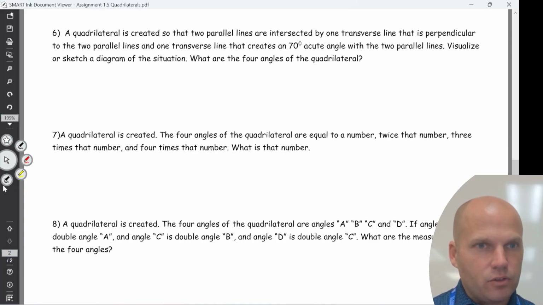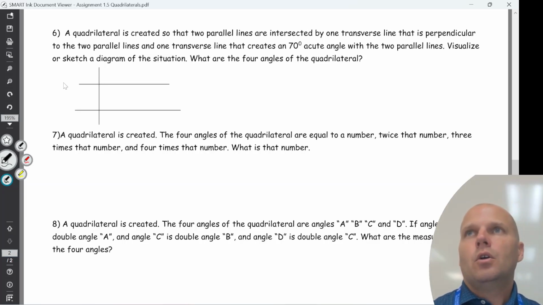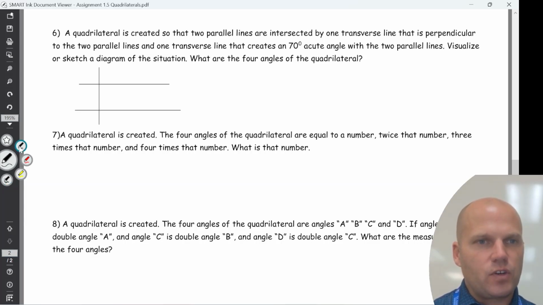All right, a quadrilateral is created so that two parallel lines are intersected by one transversal that is perpendicular to the two parallel lines. When I cross the two parallel lines with one perpendicular transversal, I've created 90-degree angles. That's what perpendicular means. And one transversal line makes a 70-degree acute angle with the parallel lines.